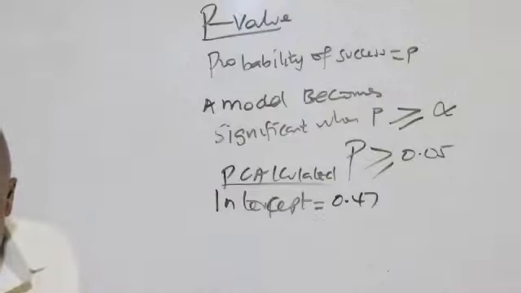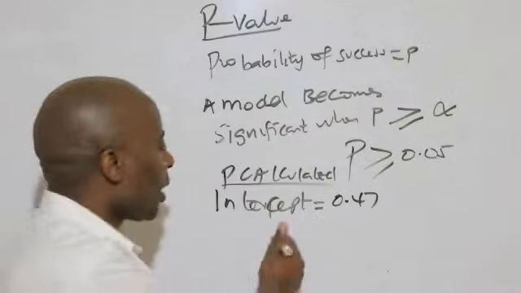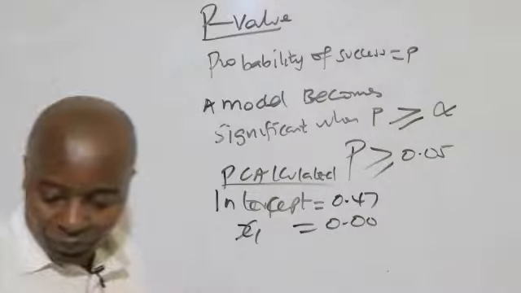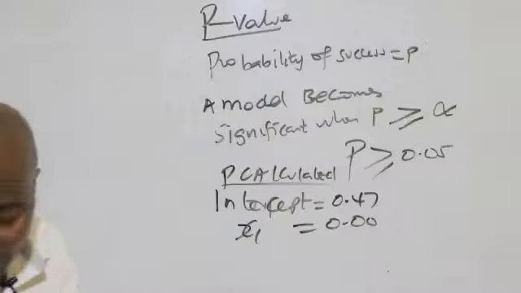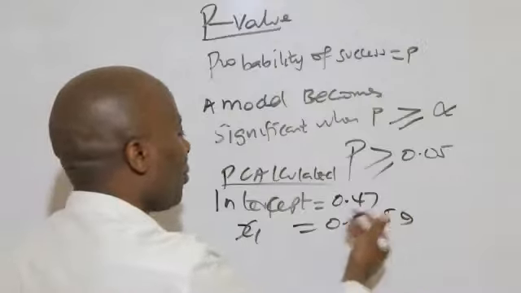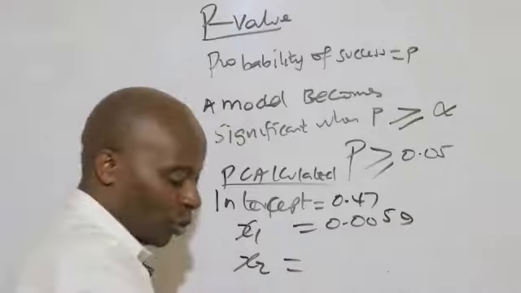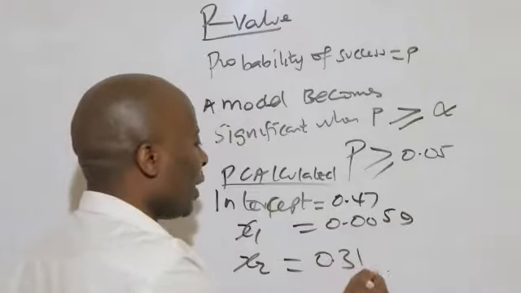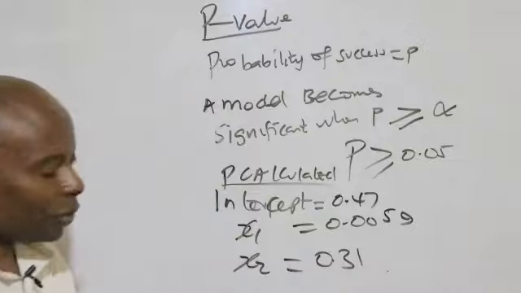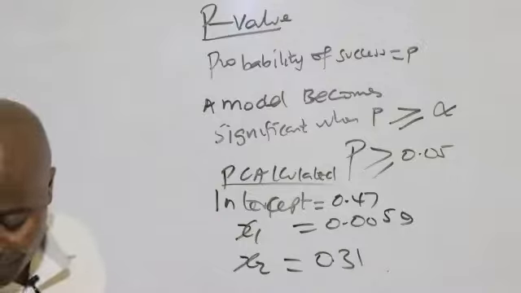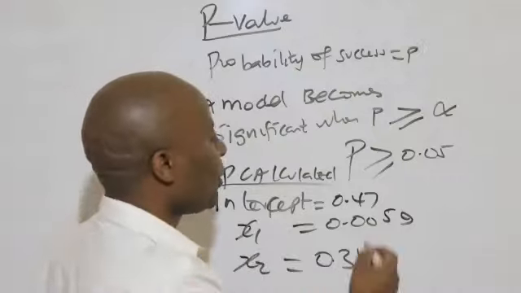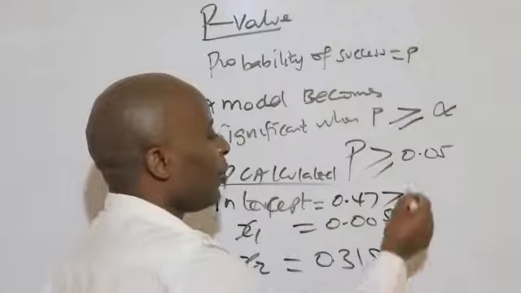Next one, which is X1, is 0.00. Very useless one. 0.0059. X2, which is size, I can see 0.318, whichever. So, ladies and gentlemen, at least the intercept is good because the intercept is more than 0.05.